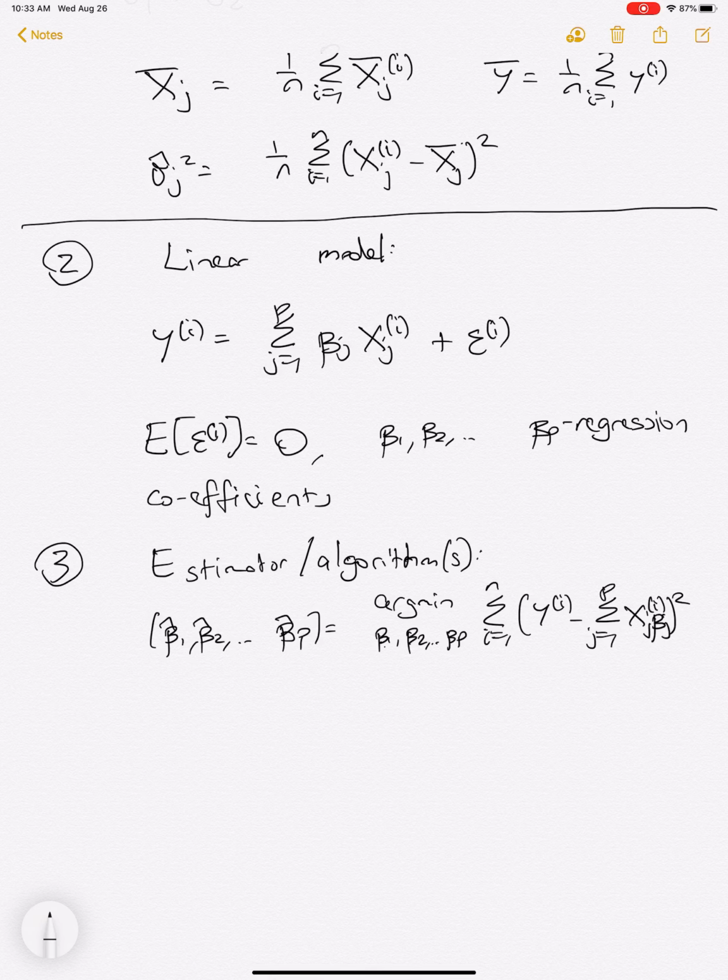So we're just going to minimize least squares like we did in that case.